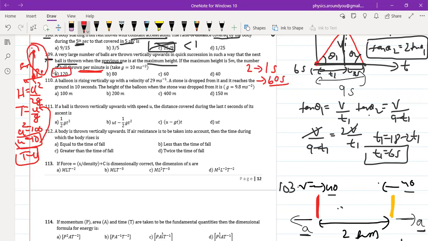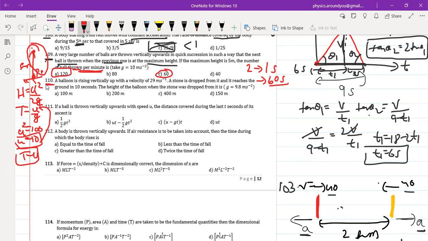But if they ask how many balls are in air, we know that one ball is in air at the end of 1 second. The other is yet to be thrown. So after 60 seconds, 60 balls would be in the air. So 60 is also a possible choice if we consider the number of balls in the air. But we are asked the number of balls thrown, so it should be double of 60, which is 120.